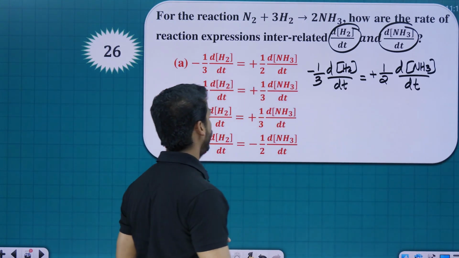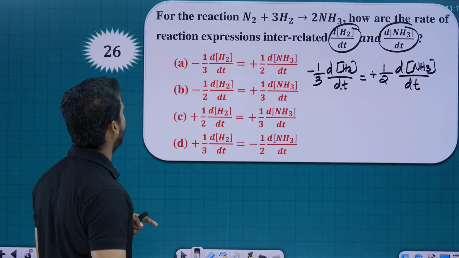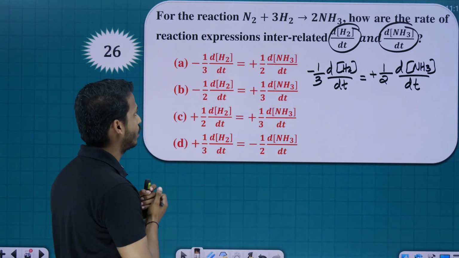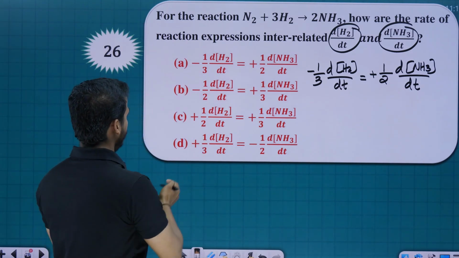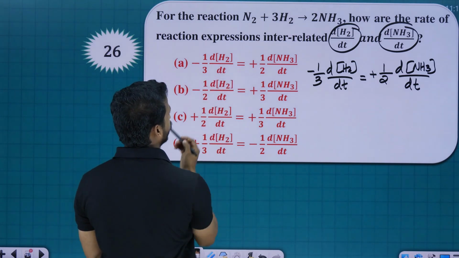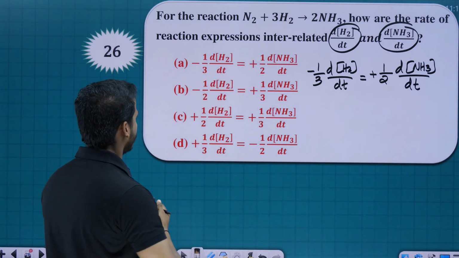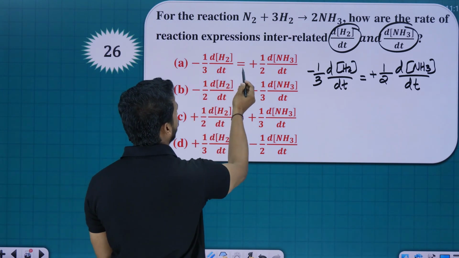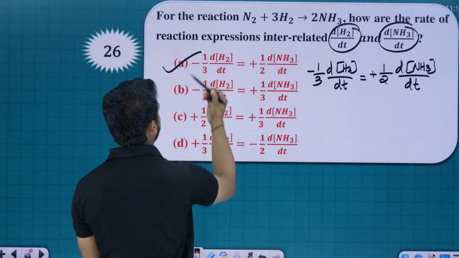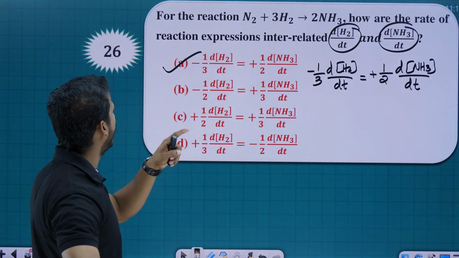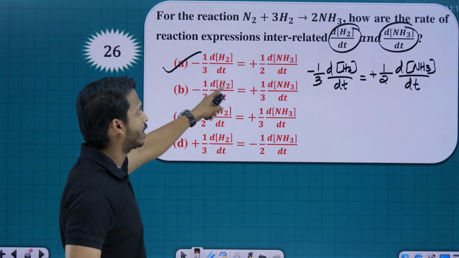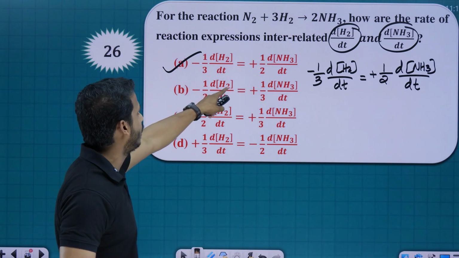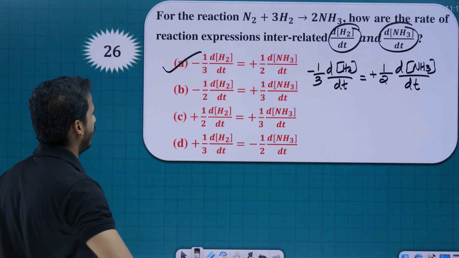Which one is the correct one, dear? Minus 1 by 3 dH2 by dt equal to plus 1 by 2 dNH3 by dt. Yes, option A, right?